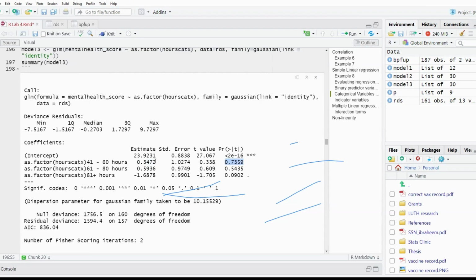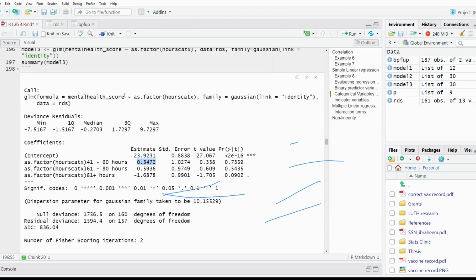So when you compare it to the intercept, it means that for all the groups that are between 41 to 60, for every hour between 41 to 60, there's a 0.3472 increase in the mental health score.